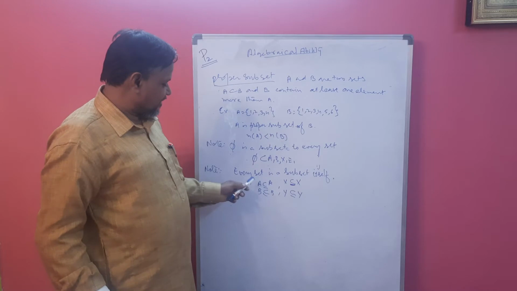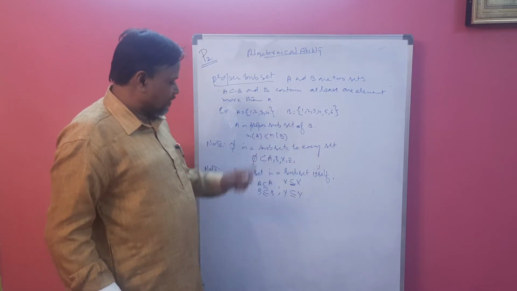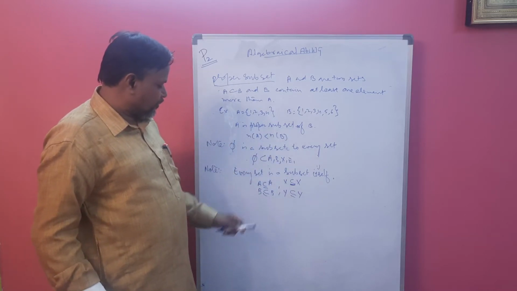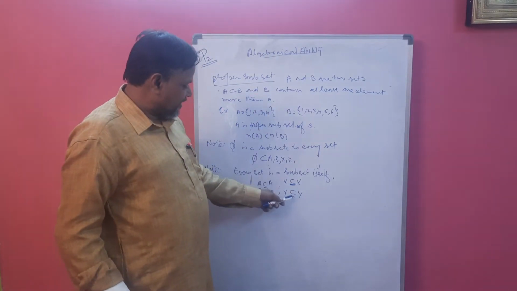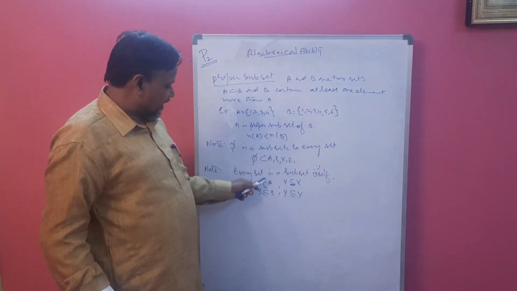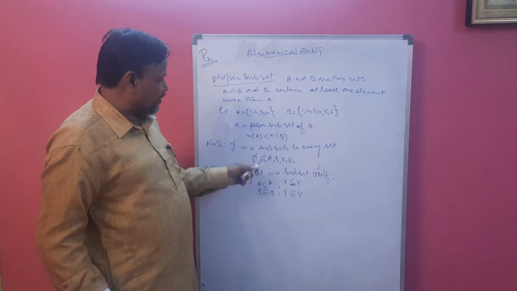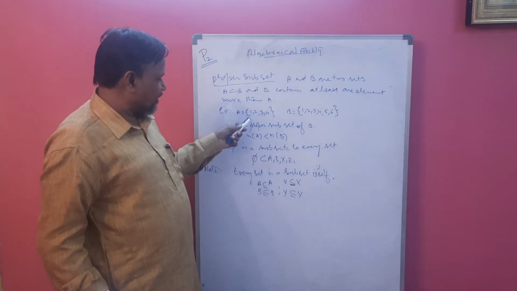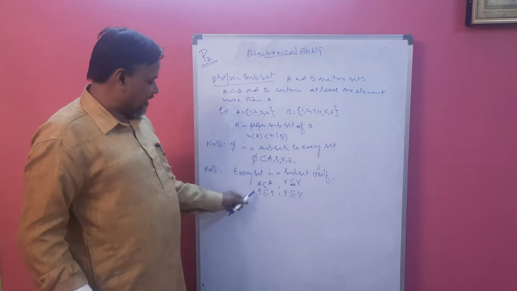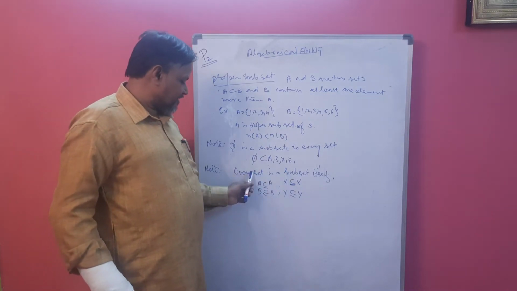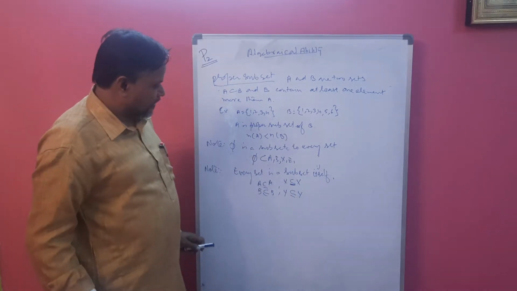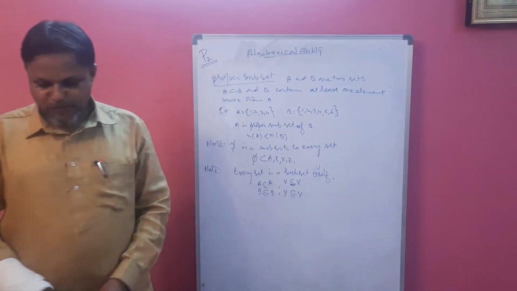That's why every set is a subset of itself. B is a subset of B, Y is a subset of Y. Equality means A and A have the same number of elements. In a proper subset at least one should be less, but here both are the same. So a set is a subset of itself. Remember this property.